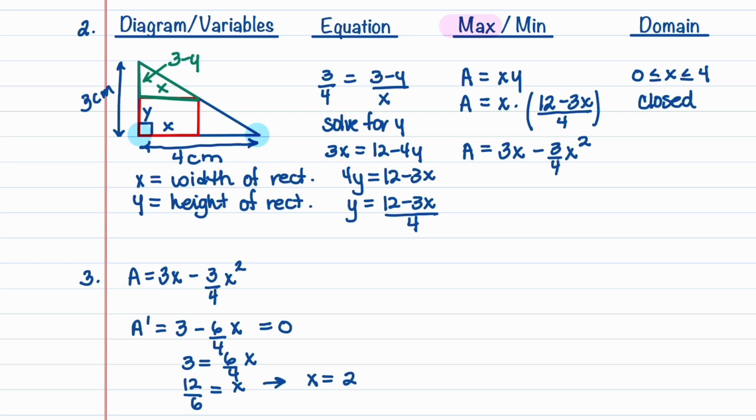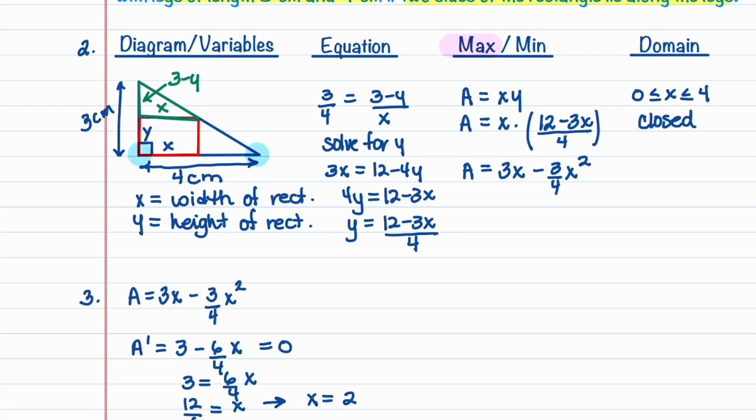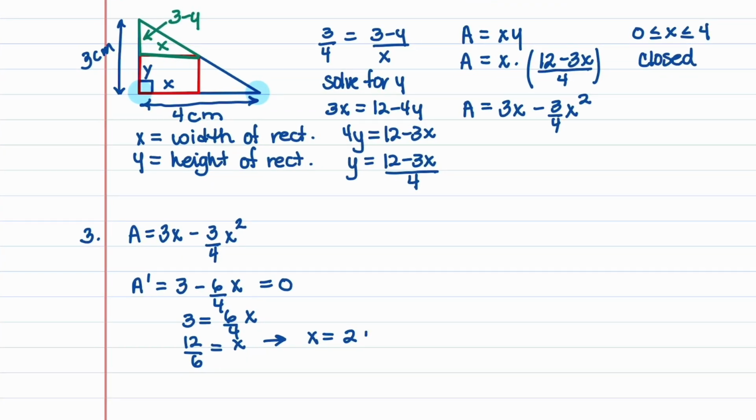So let's go back up. And notice that in our original problem, our lengths are in terms of centimeters. I guess we did write that down on the diagram. So x is equal to 2 centimeters. Now let's go ahead and find y. Here's our equation for y, and that's what we're going to use.